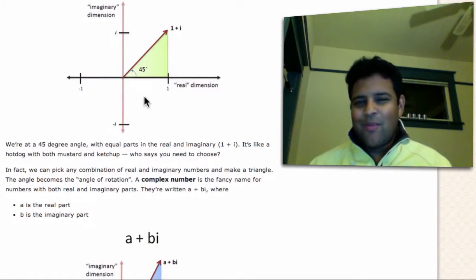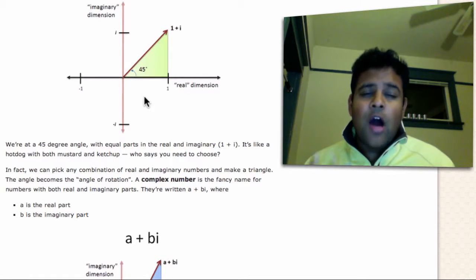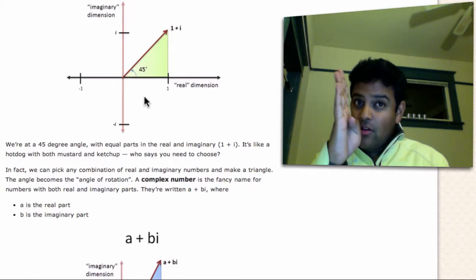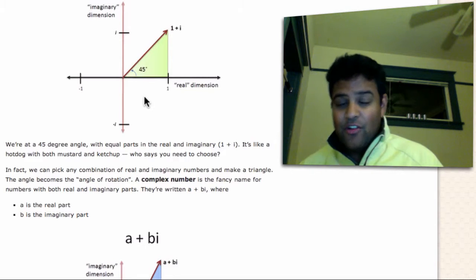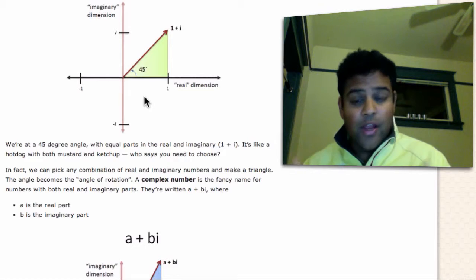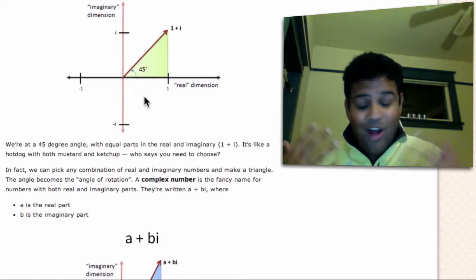The way I like to think about it is kind of silly, but it's my little analogy: it's like you have a hot dog, right? And you can have ketchup or mustard or a little bit of both. There's no reason you need to have only ketchup or only mustard. If you want a hot dog with half and half, great. Or all mustard, great. Now, normally we're used to ketchup. That's the real numbers. We're always getting ketchup.